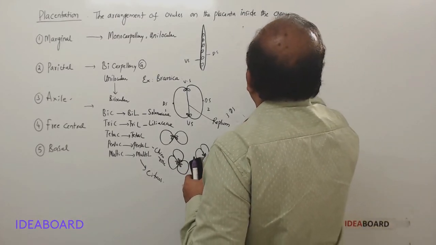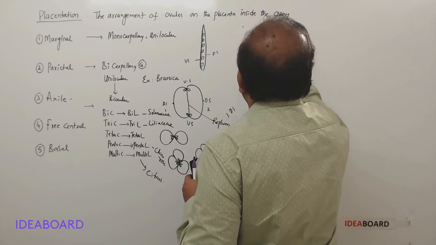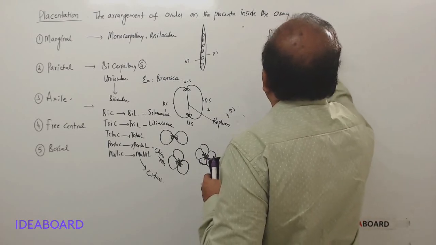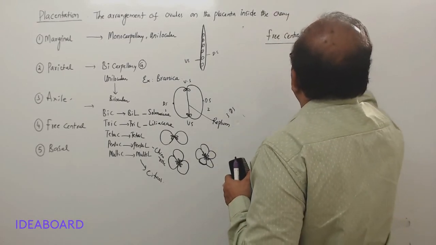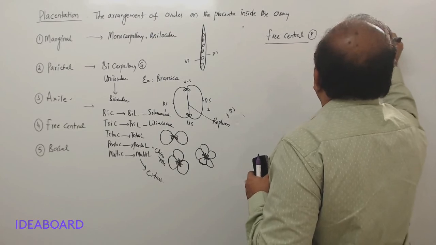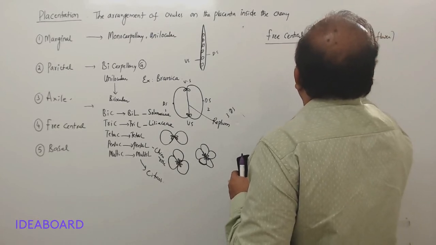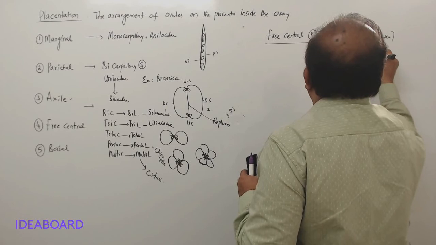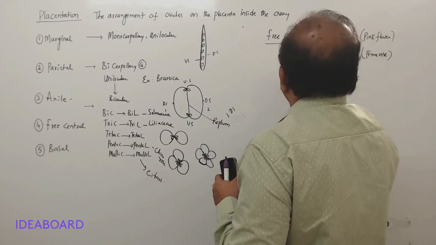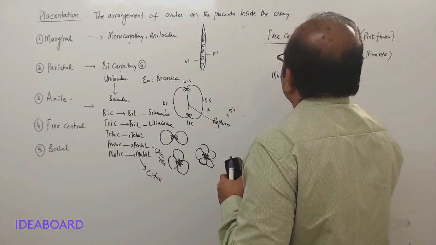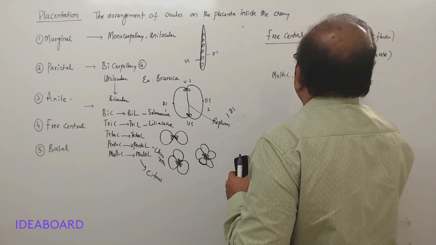The example for free central placentation is Dianthus, which is commonly called pink flower plant, and Oenothera, evening primrose. What we have to see here is that actually it is multicarpellary, multilocular with axial placentation.